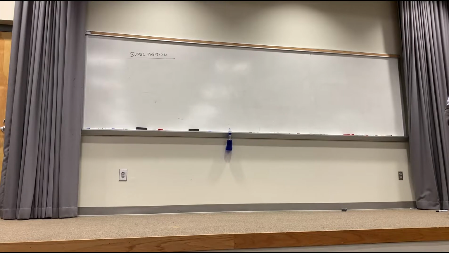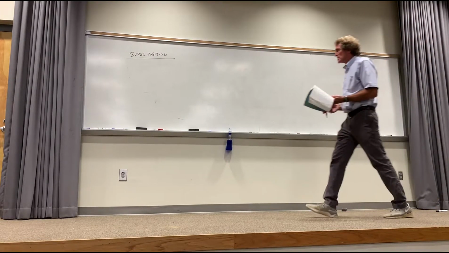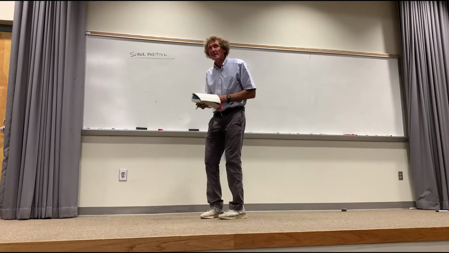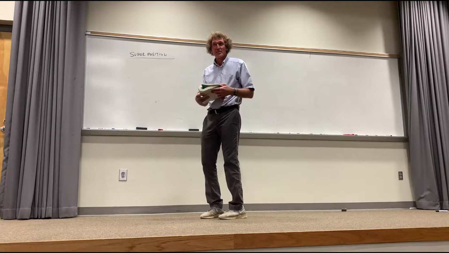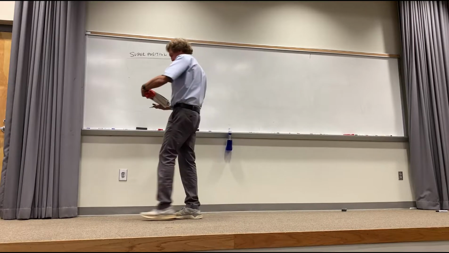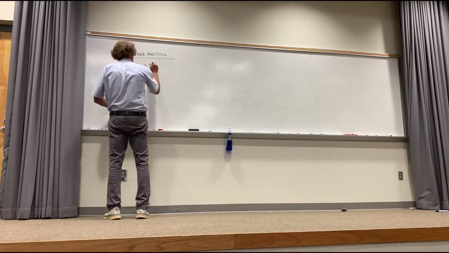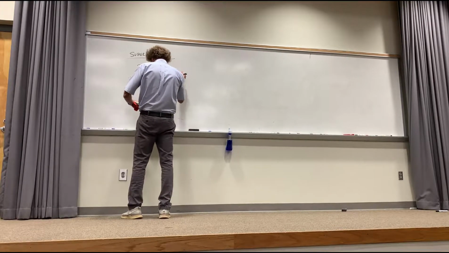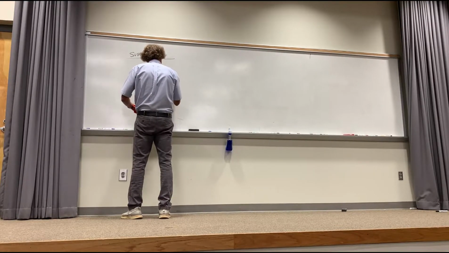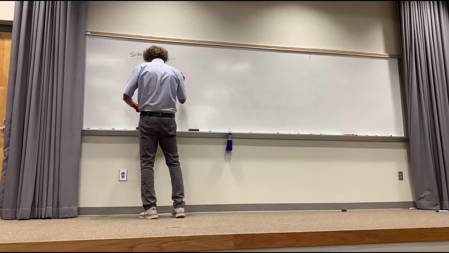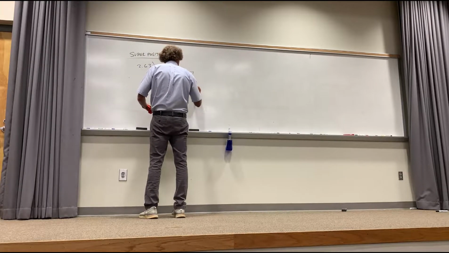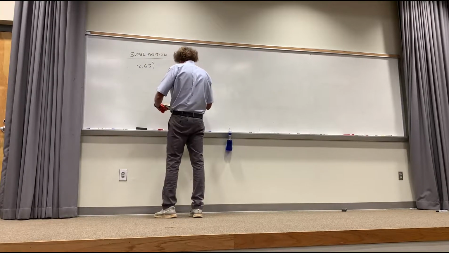All right, so I'm going to do 2.63 using superposition. And by the way, you can use any technique to solve any of these problems, which is really nice. Any technique. So for this one, you have 2 k ohms here. You have a source here, and that's 2 milliamps.